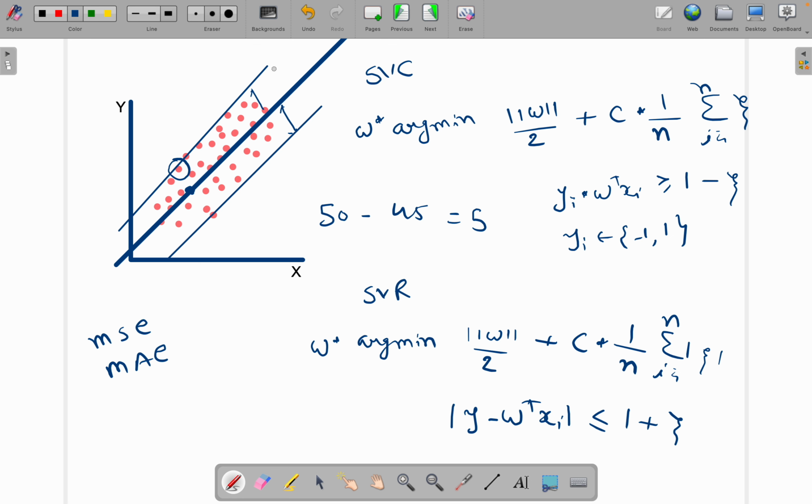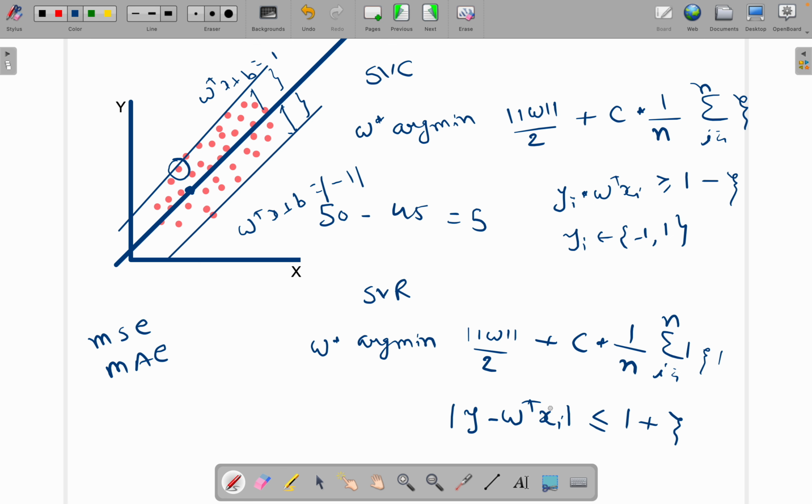We are using this distance, let's say W transpose X plus B is equal to -1 and this is W transpose X plus B is equal to 1. But in a regression setting we don't have any -1 and +1. We are just calculating the distance, so both would be at one distance if you take the absolute value of this. Simple. So this would be the error.